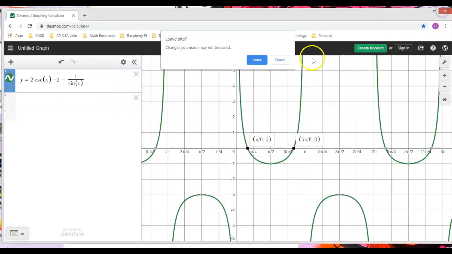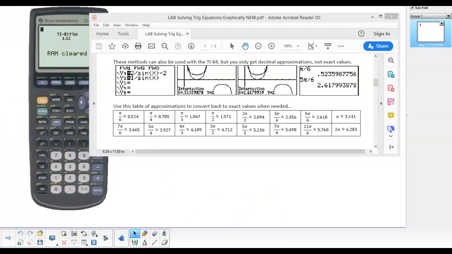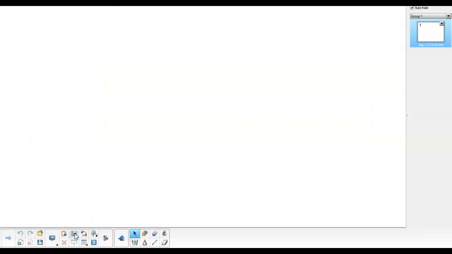So let me close out Desmos here. If you want to use the graphing calculator instead, I'm going to show you how to do that next.